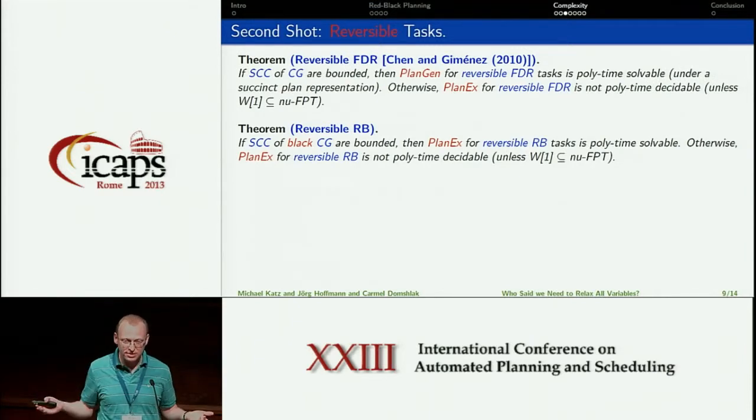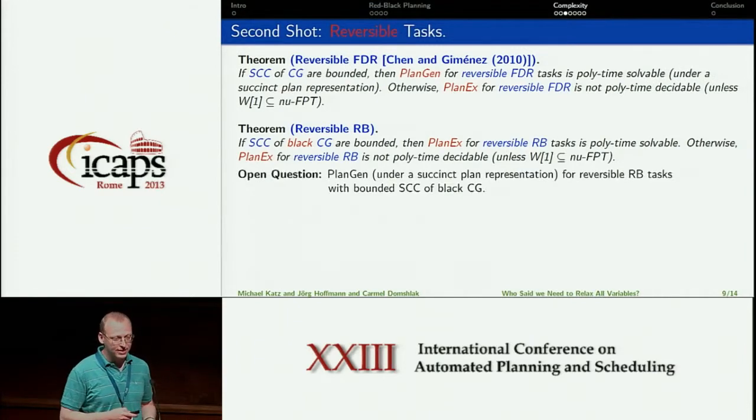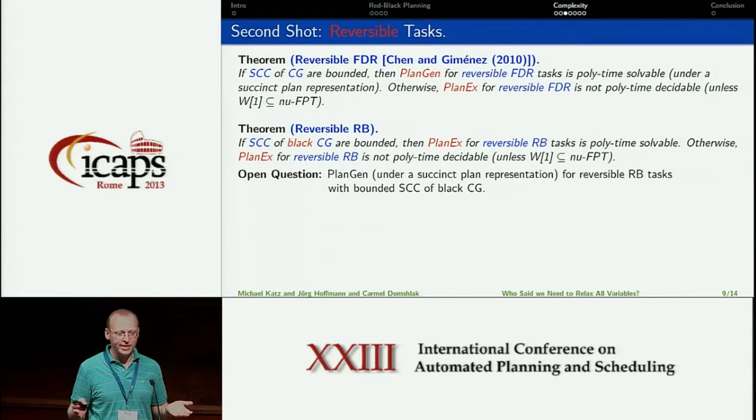And otherwise, it's not. So yeah, there is an open question here, right? We don't know what happens with plan generation. But you are welcome to attack it, and let's see who will be there first.